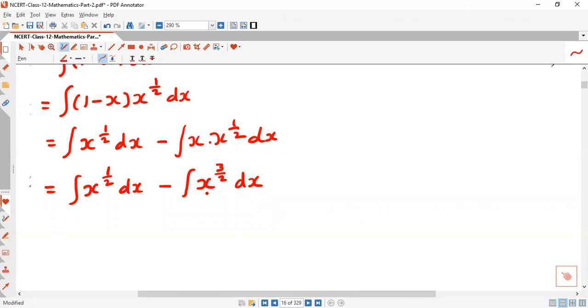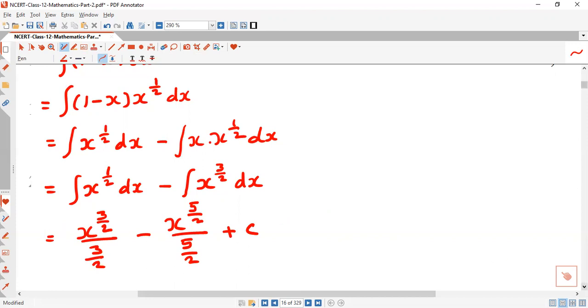Now taking the integrations, we are getting x raised to 3 by 2 divided by 3 by 2 minus x raised to 5 by 2 divided by 5 by 2 plus some constant c.